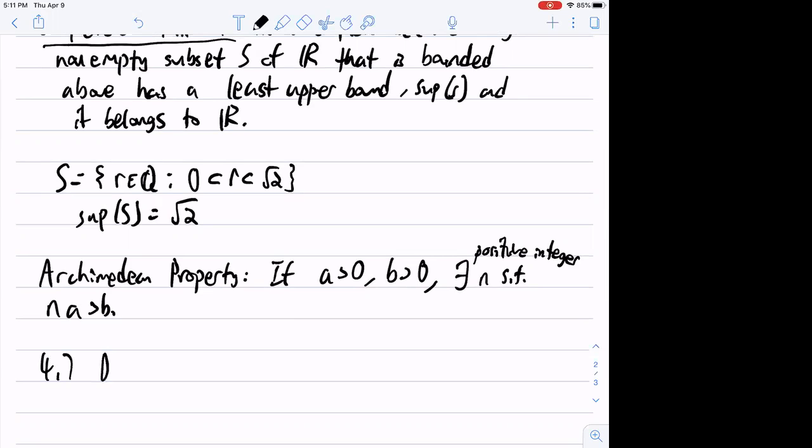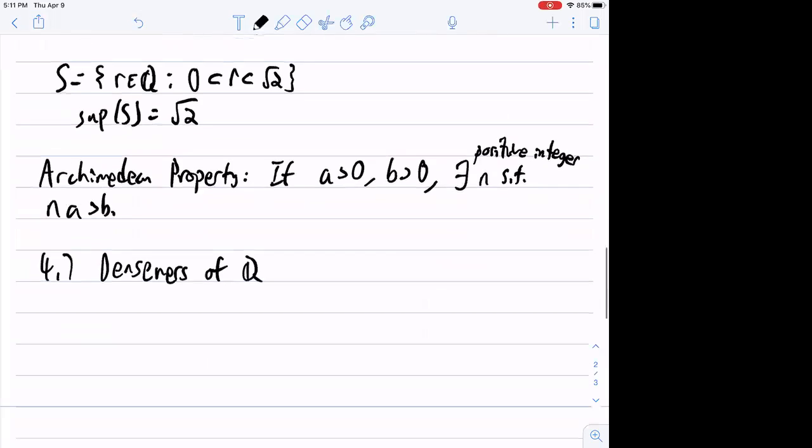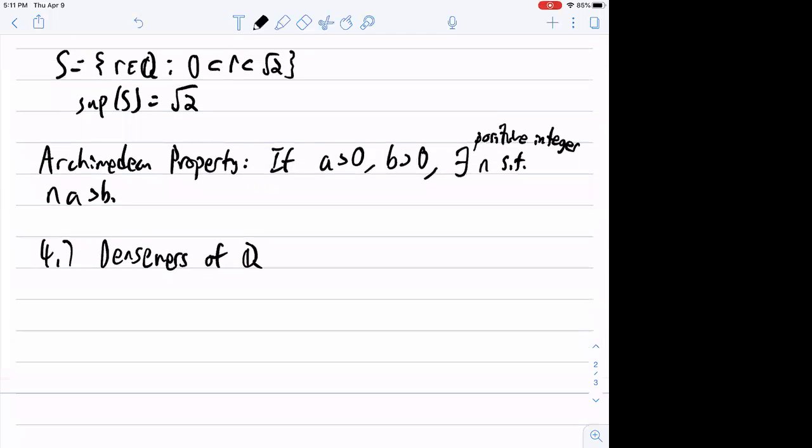Here there's an important thing we're going to use. It's called denseness of Q. This is a very important result. You'll use this in 140B if you plan on taking it, because I'm also TAing 140B. Let's call this star.